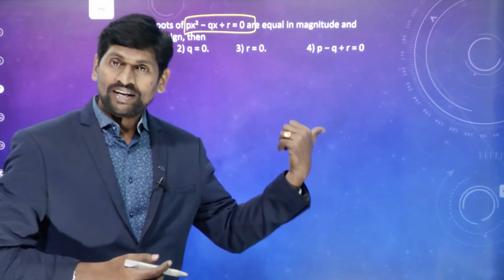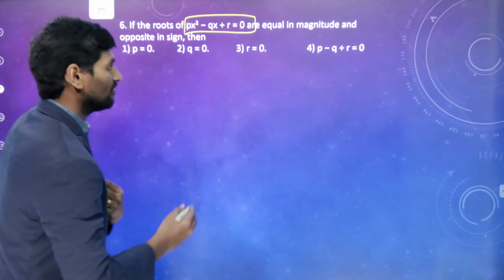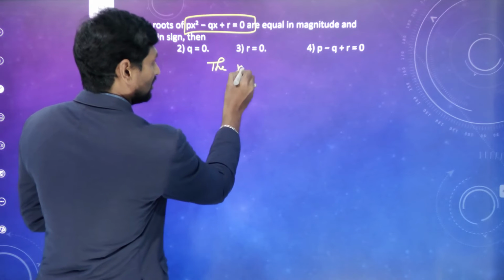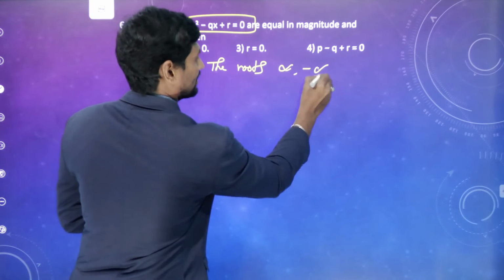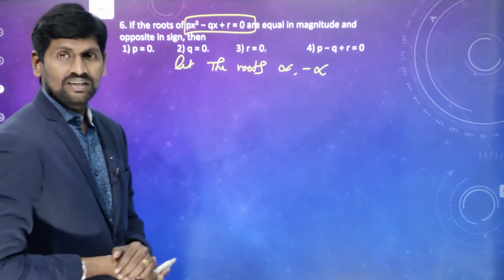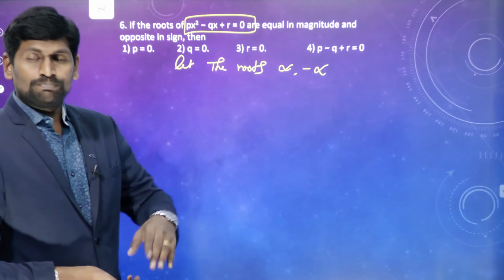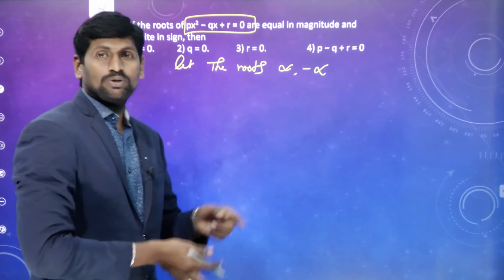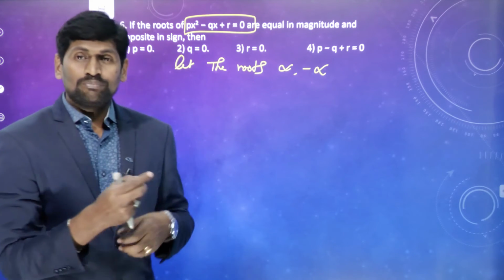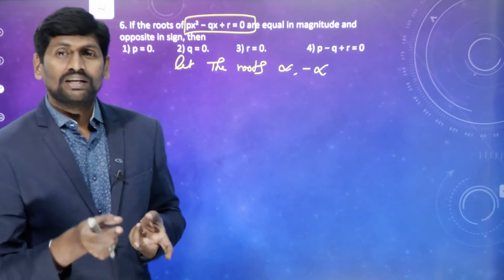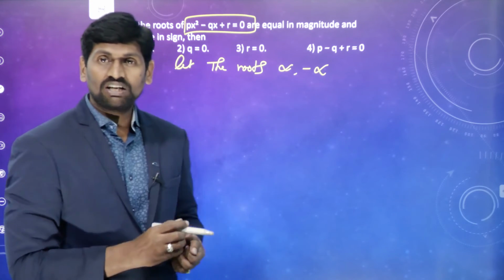So if you take one as alpha, what will be the next one? Very good, minus alpha. Let the roots be alpha, minus alpha, because values are equal but signs are changed. In the previous problem, one is reciprocal to another, alpha into 1 by alpha, I used the concept of product of roots to eliminate alpha, because numerator alpha, denominator alpha cancel.